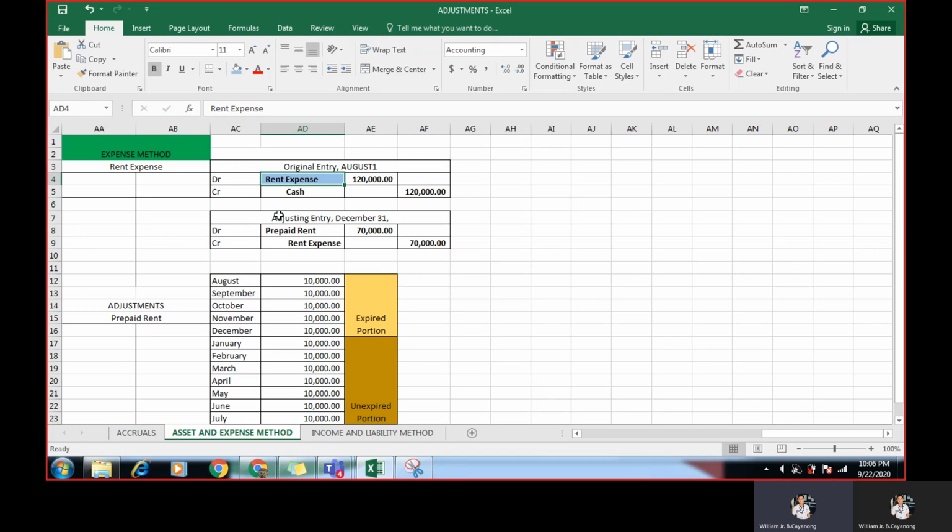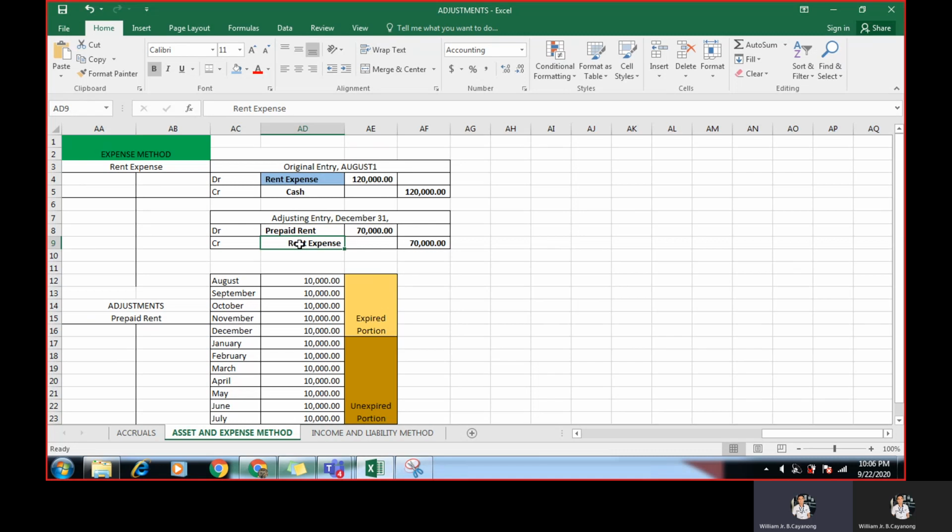Therefore, our adjusting entry is that we have to recognize an asset, which is prepaid rent. By how much? Ilan kaya to? This is 7 months and that is 70,000. Kaya, we debit prepaid rent 70,000 and credit, para mabawasan to, to decrease an expense, we need to credit that one.